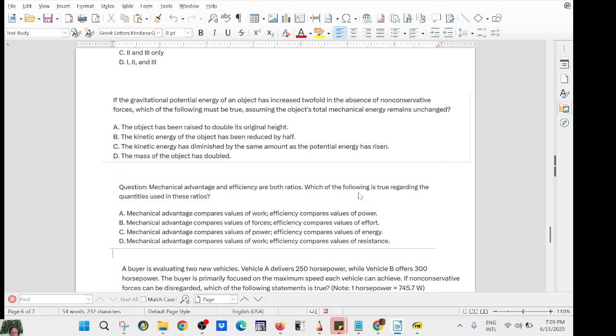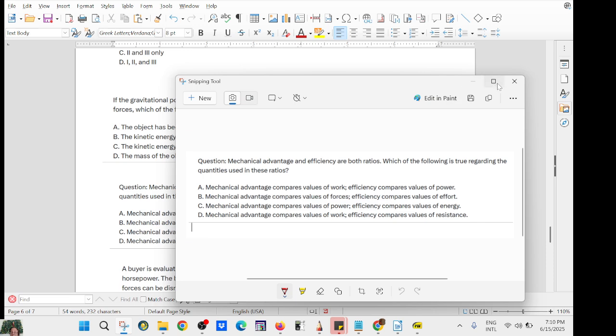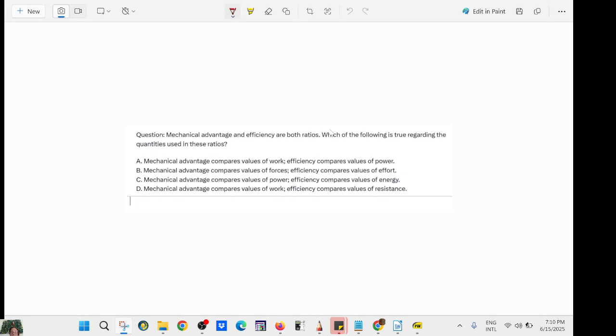Okay, so the last one is this one. Although I think it's not very well worded. So you can stop the video. So they talk about mechanical advantage. So mechanical advantage, it's when you have a machine, right? So for example, if you take a lever here, you have a fulcrum, that will be your load.